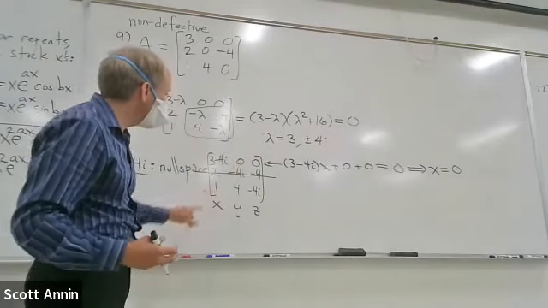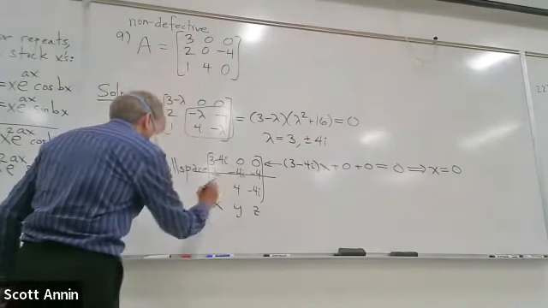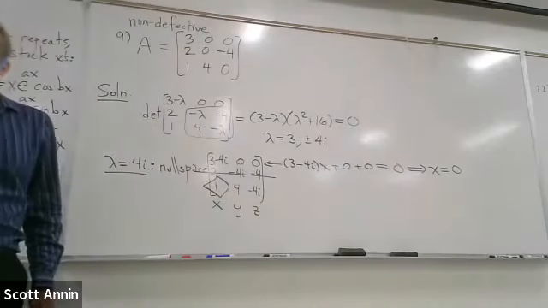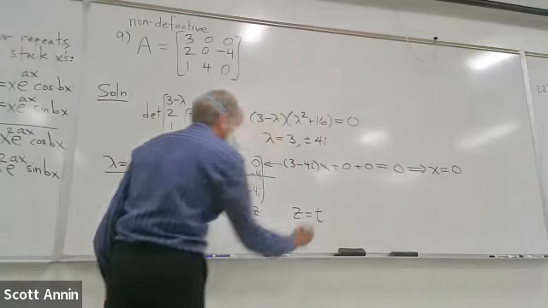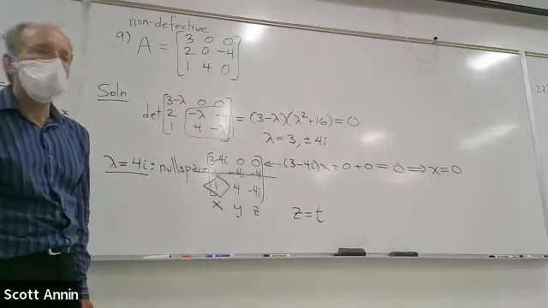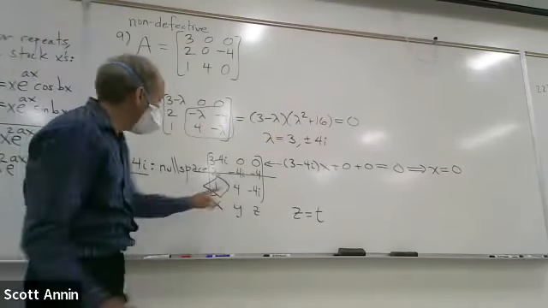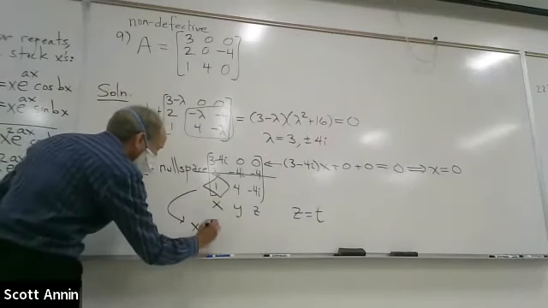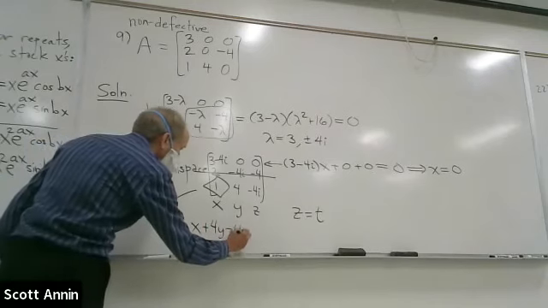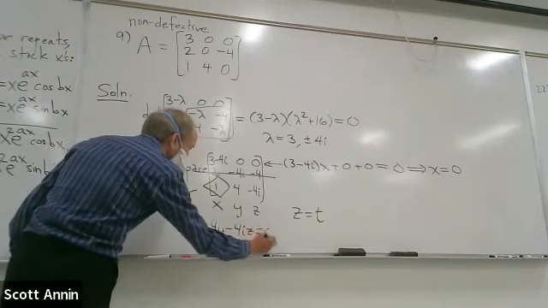And now when I look at this bottom row, here's my pivot. My free variable is Z, so I'll call that T. Let's write down this equation: X plus 4Y minus 5iZ equals 0.